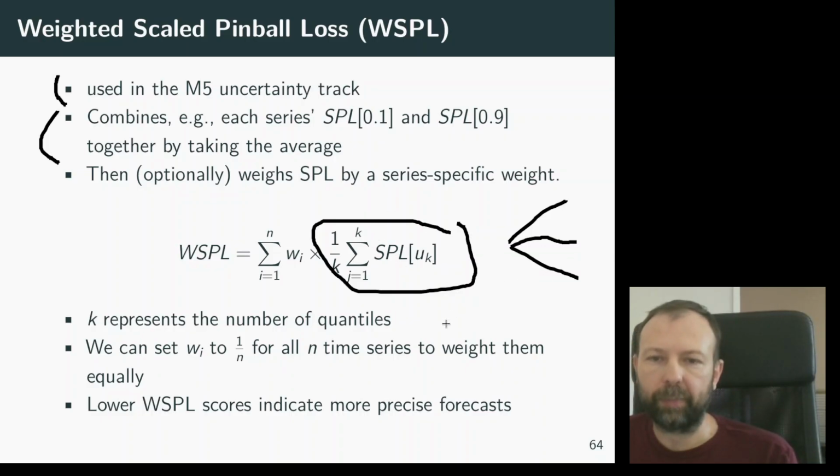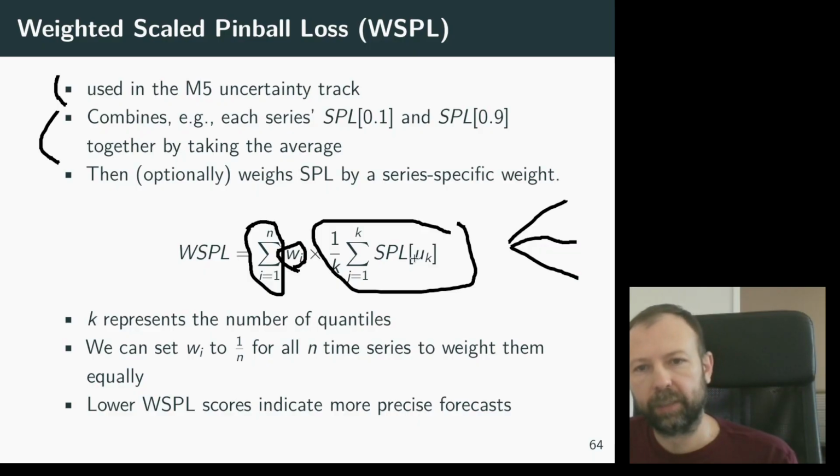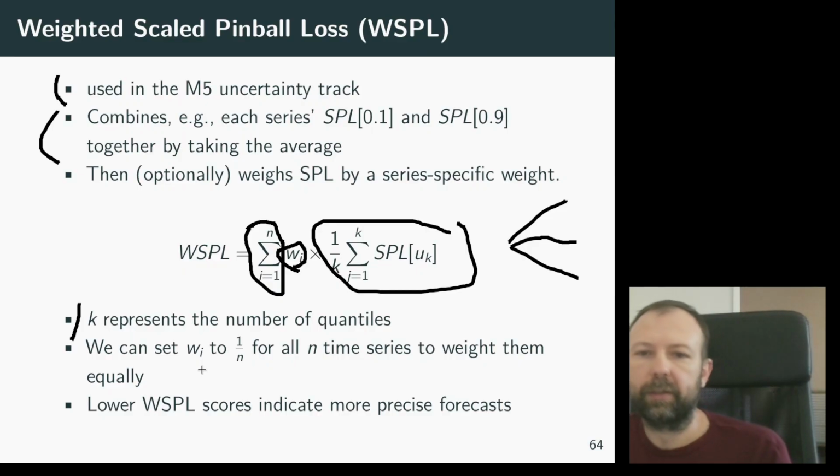And here you sum the SPL over those. And then here you sum over the series. Each series gets a weight that gets multiplied with this average SPL per series. K is the number of quantiles. If you don't want this weighting, you just set the weights to 1 divided by n for all time series so that you get equal weighting. It's an error measure, so lower WSPL indicates a more precise forecast.